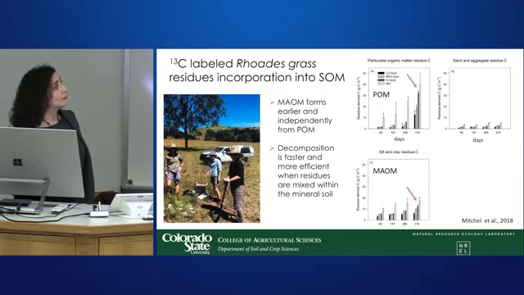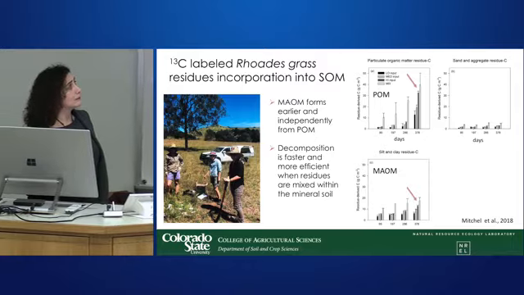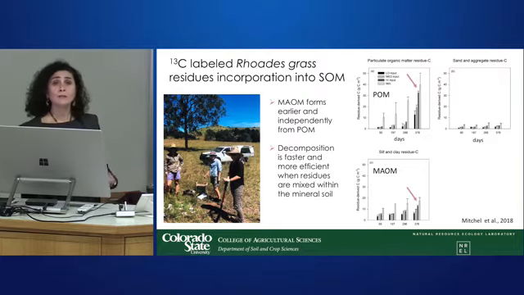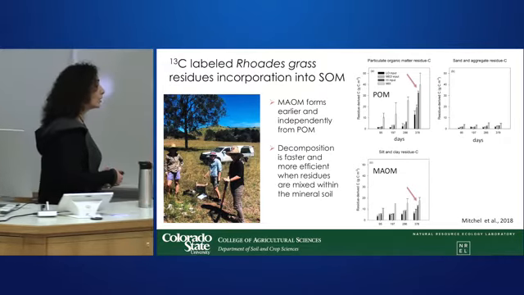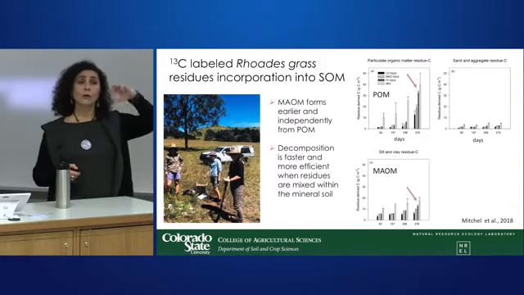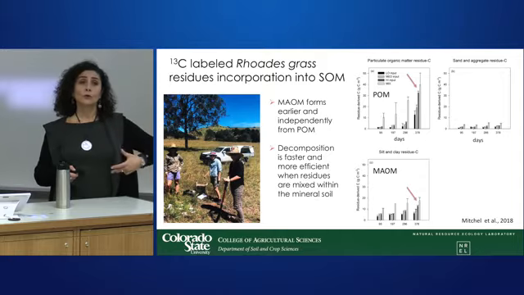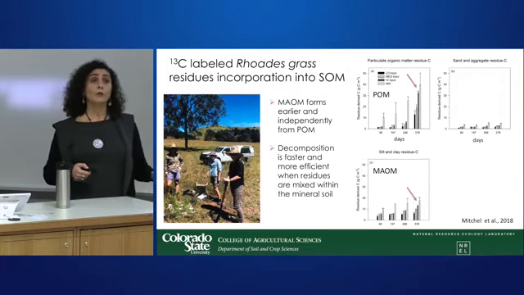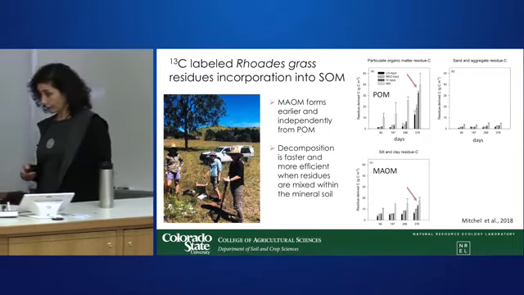But in the mix, it accumulated almost twice as much as the one that was put on the surface, both in the MEOM and in the POM. So something seemed to happen if the decomposition doesn't occur on the surface of the soil, but inside the soil. It goes faster and is more efficient. There is more carbon that remains in the soil.